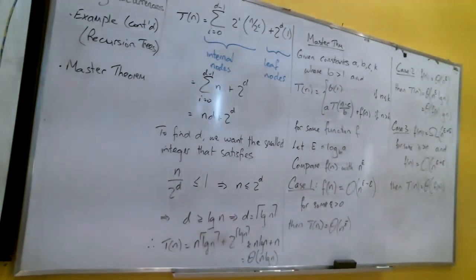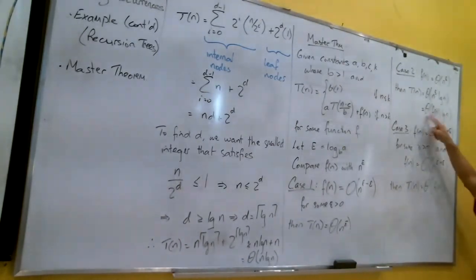Base b. The question is, this order of growth, shouldn't it be log n base b? And the answer is yes and no. To derive it, yes, you get log base b. But once you put it in the order of growth, log base b is just like log base 2, they differ by a constant. Log n base b is the same as log n base 2 divided by log b base 2. b is a constant, so log b base 2 is a constant, so in terms of the order of growth, it's the same order of growth.